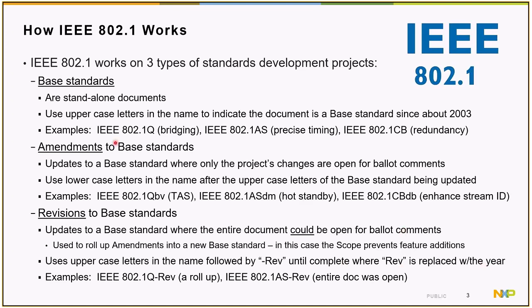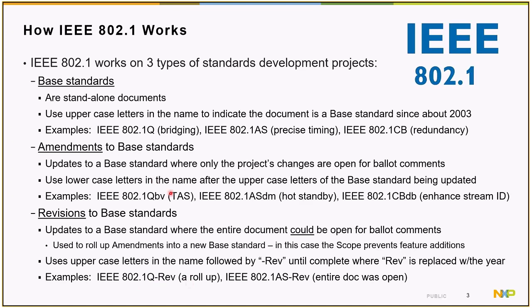So 802.1Q-2020 is the latest Q rev, and AS, which used to be known as AS-rev, is now AS-2020. An example is the Q rev, which is what we do to roll up.